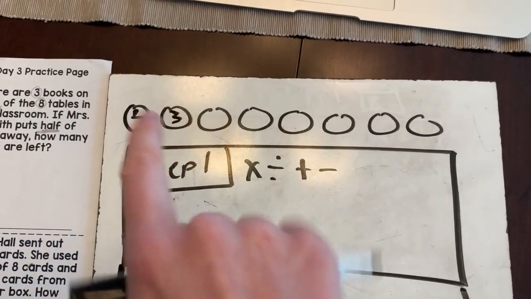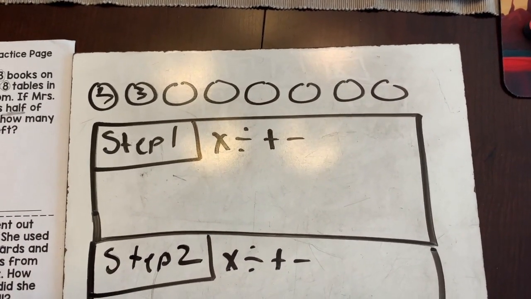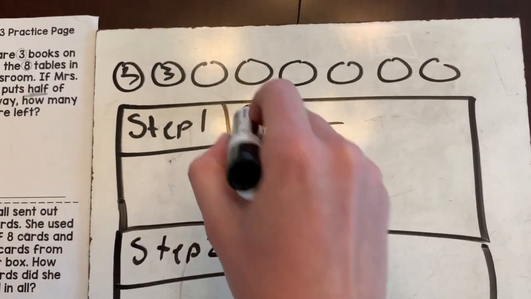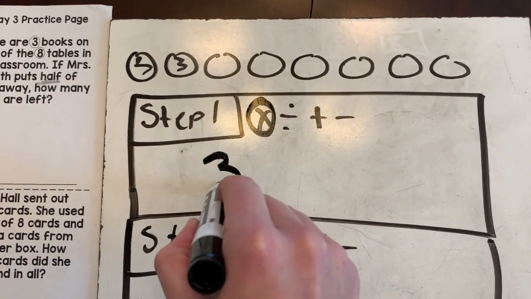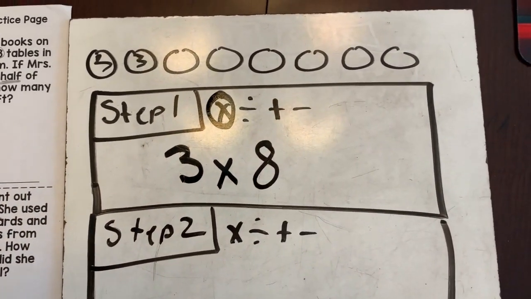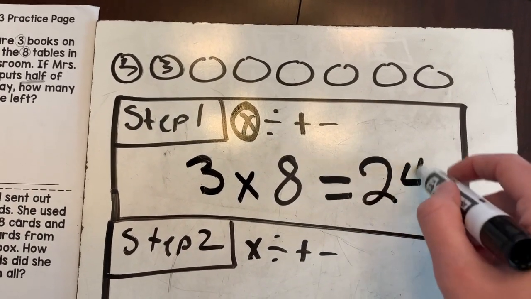Do I need to go and write 3 on every single circle, or is there a faster way that I can do it? I can multiply 3 books times 8 tables. 3 times 8 gives me 24.